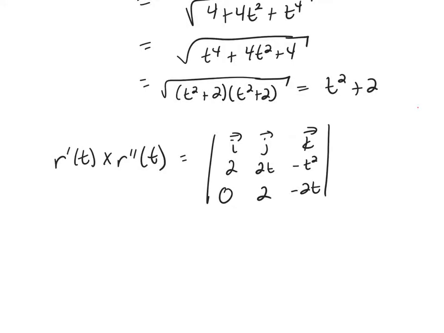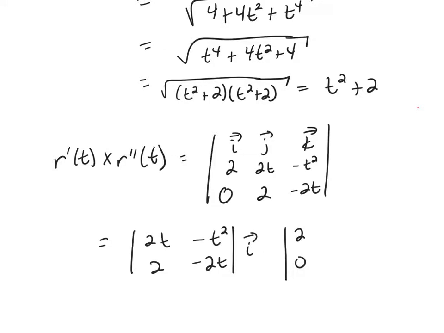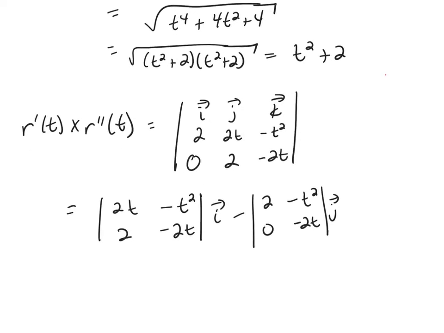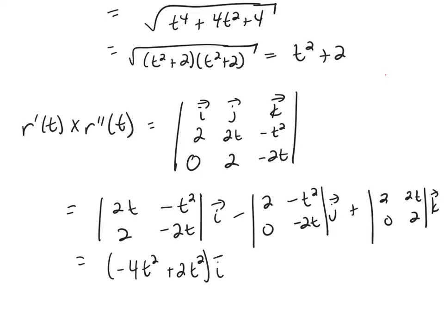And now we're going to compute the cross product here. So I'm getting negative 4t squared minus a negative, so it'll be plus 2t squared, a negative 4t j, and a positive 4k.